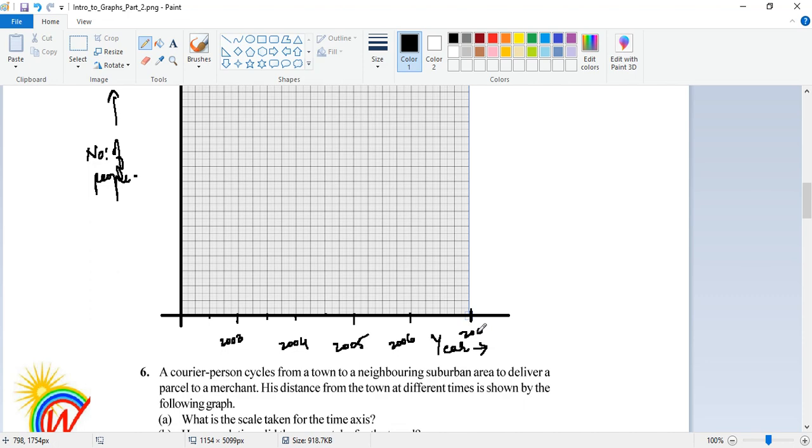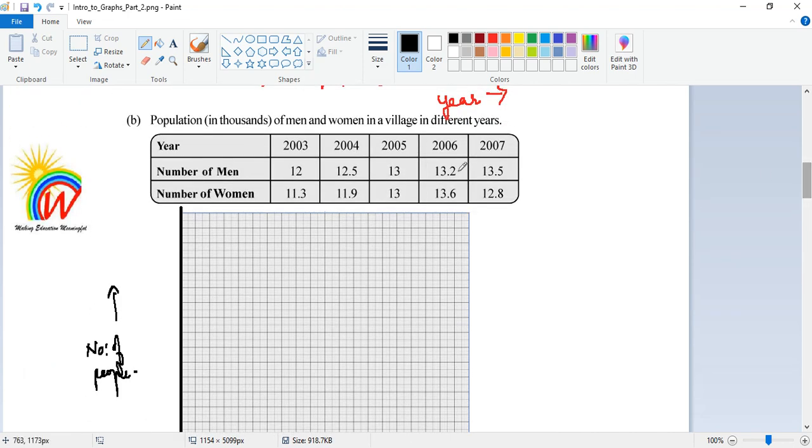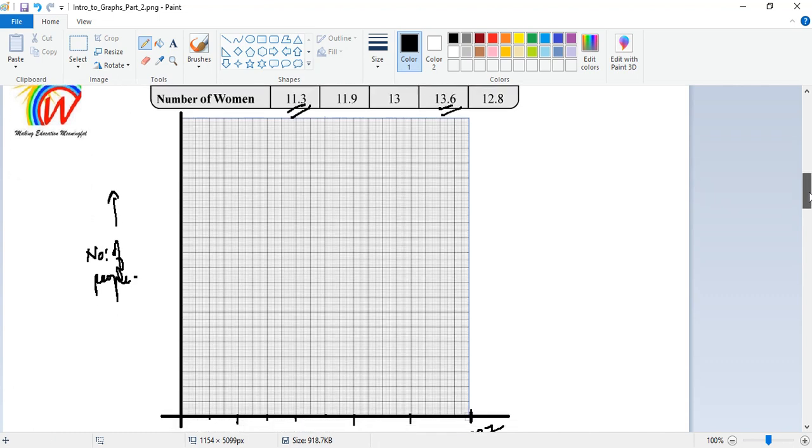Now I have to mark the y-axis. You see the range is like 12, 12.5, 13, 13.2, and the smallest is 11.3, and the largest is actually 13.6, right? So it has to be between 11 and 13.6. What can I do?